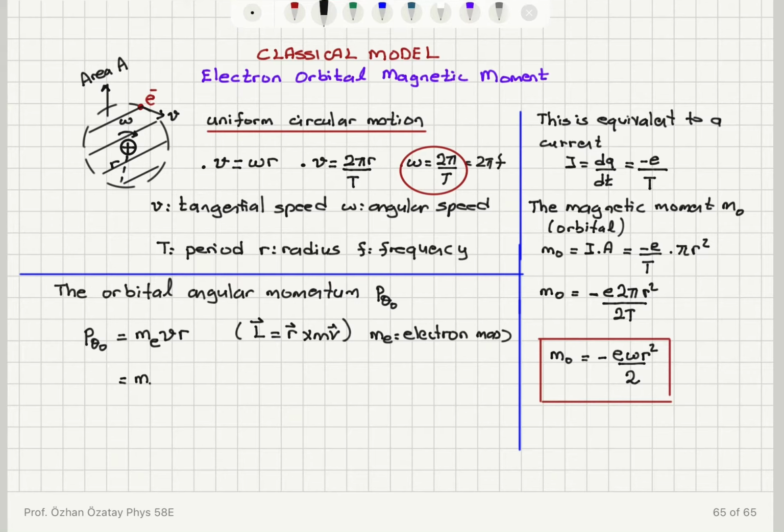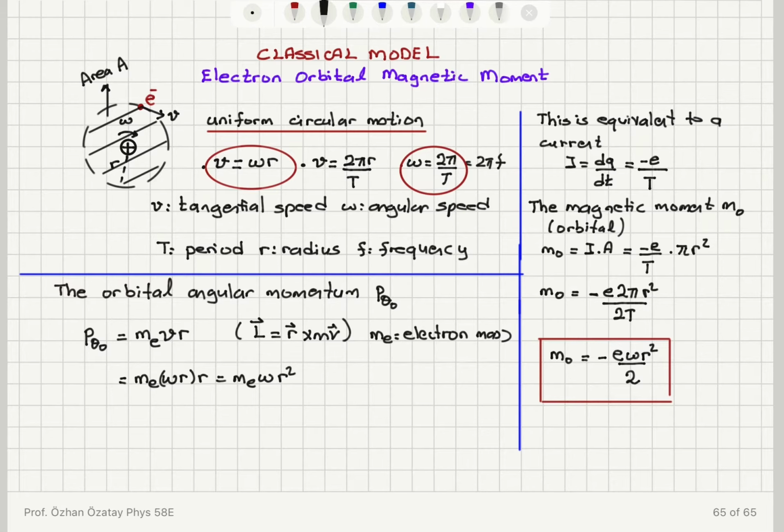This can be also written as me omega r times r, which is mass of the electron omega r squared. So basically I'm using this relationship, v is equal to omega r, and substituting it into the angular momentum.